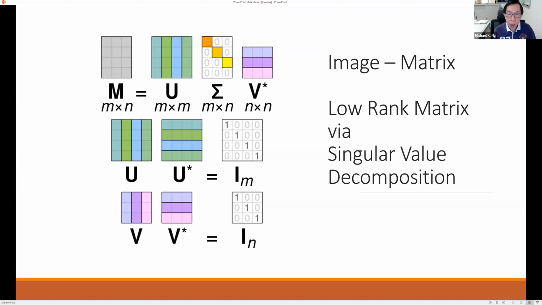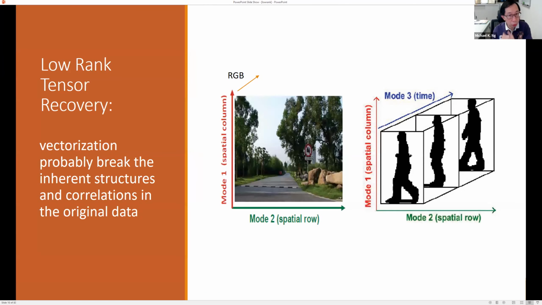Because of this high dependence, the low-rank structure appears. Then of course you want to extend this idea to third-order and fourth-order tensors, which involve the spatial dimension, the RGB, the time, or even the many frequencies in hyperspectral images.